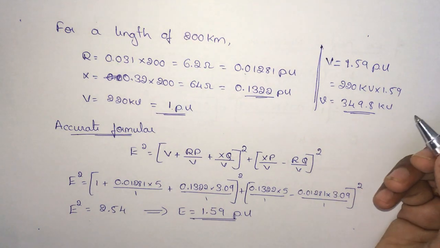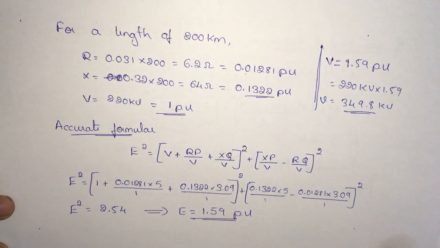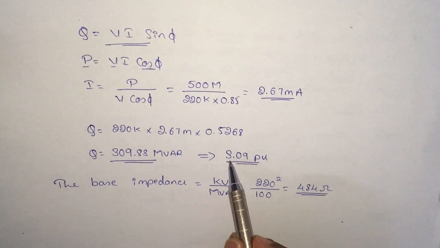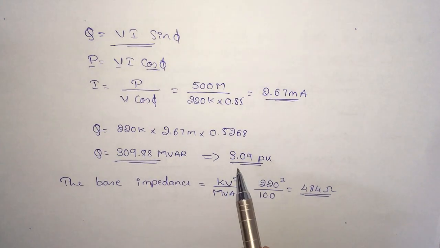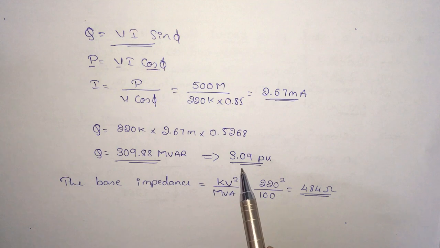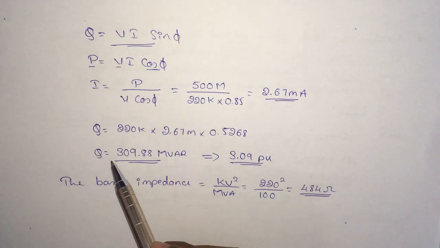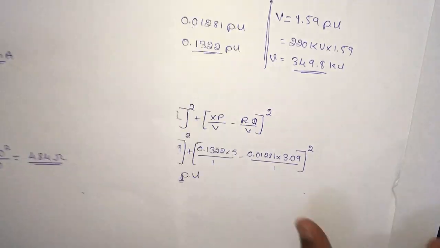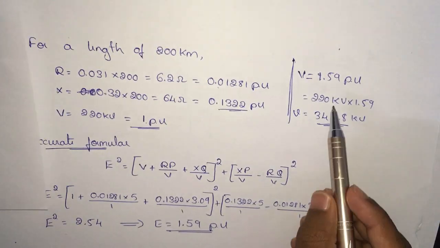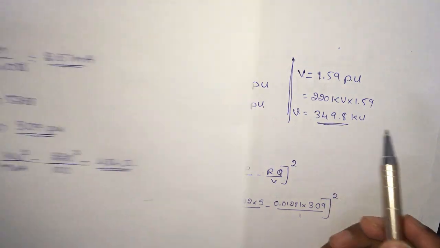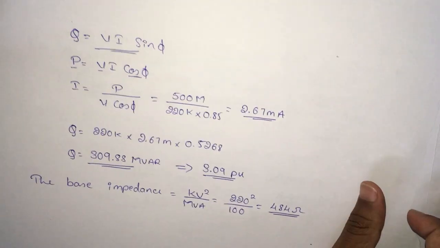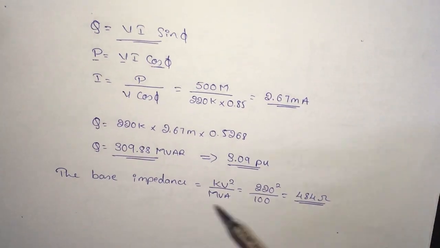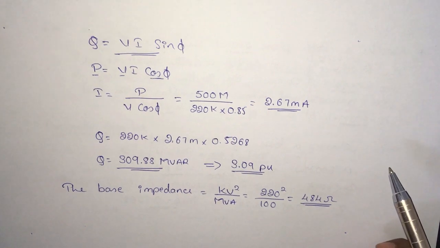This is just because of the reactive power injected. As we see here, the reactive power required was 3.09 per unit. Just because of the reactive power injection, the voltage is varied. Actual voltage was just 220, and now we need to go for nearly 350 kilovolt. This is what happens when we inject reactive power into the system.